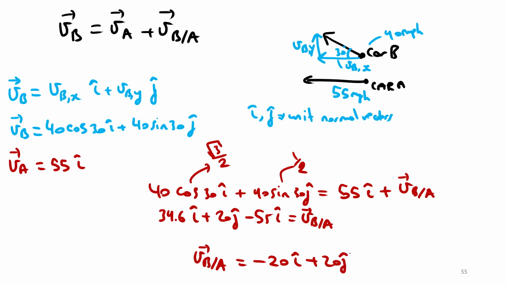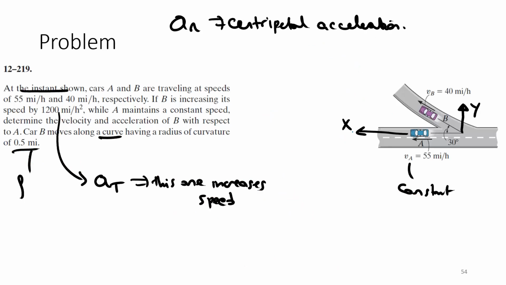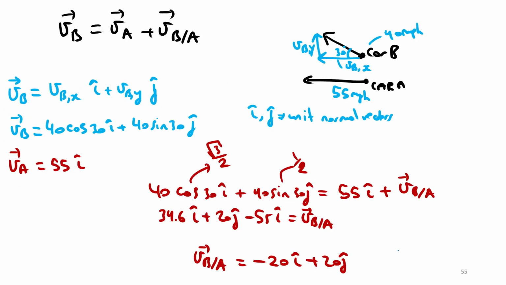If you draw it in the vector sense, you can see that the i component is negative. My direction for x was to the left, so the i component will be this one, because this one is 20 i. And then I have the j component, which is positive 20 j, and the velocity will be this one. This is the one that we are looking for.